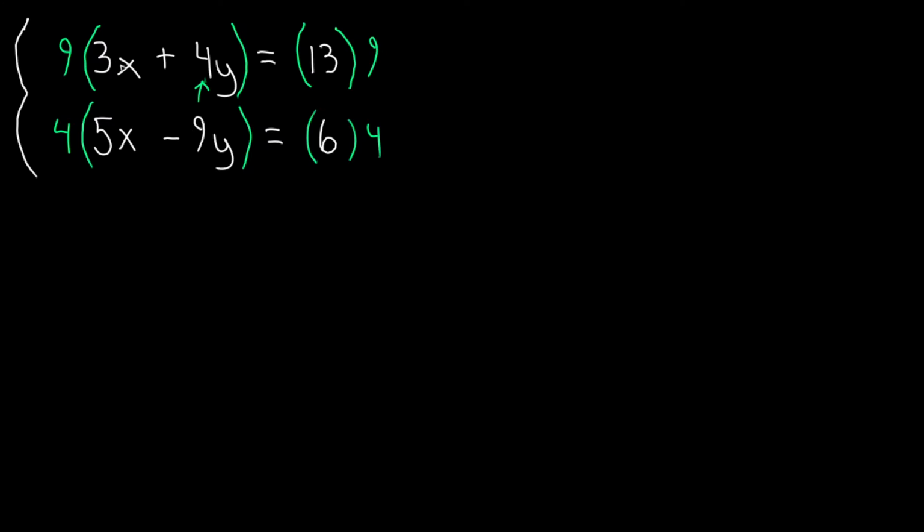So 9 times 3x will give us 27x. I'll write that over here. 27x plus 9 times 4y, 36y, equals 13 times 9, which comes out to 117.